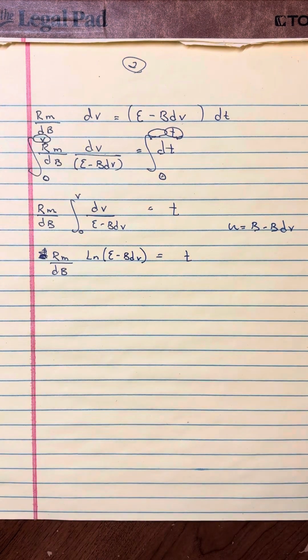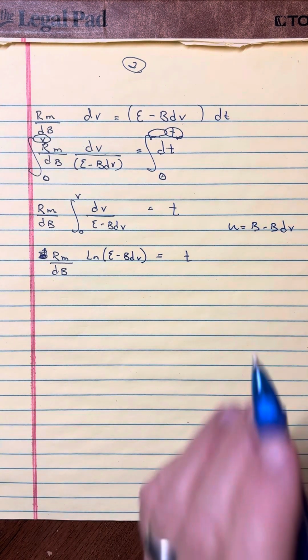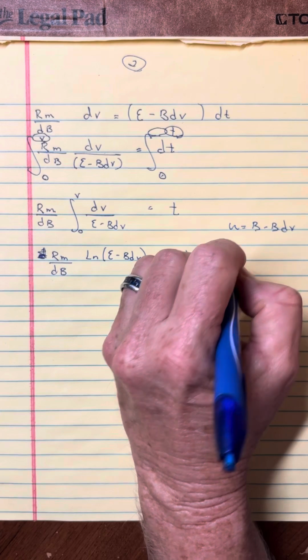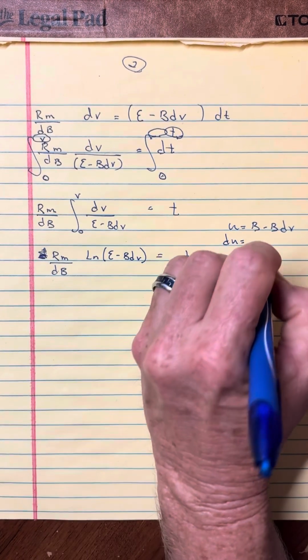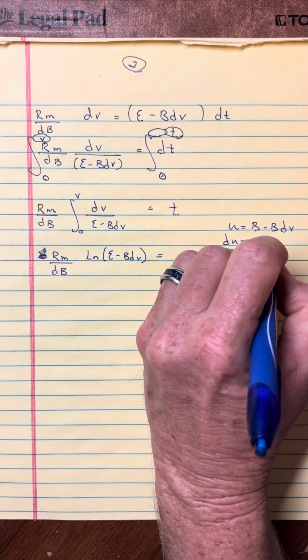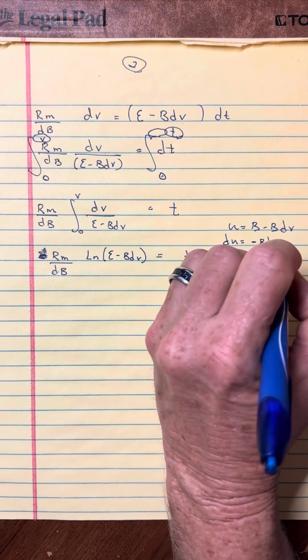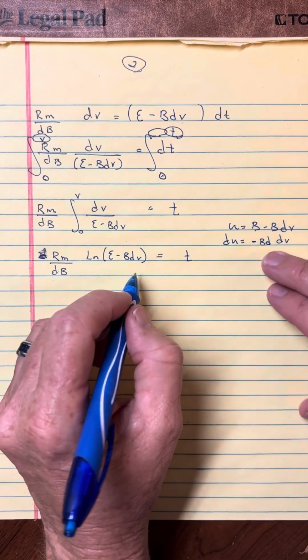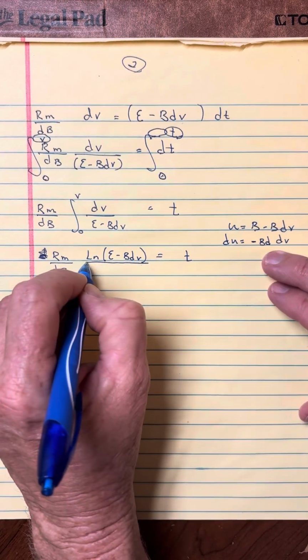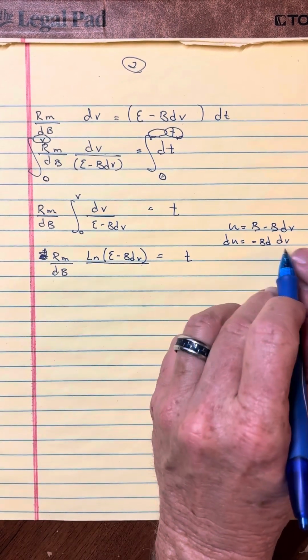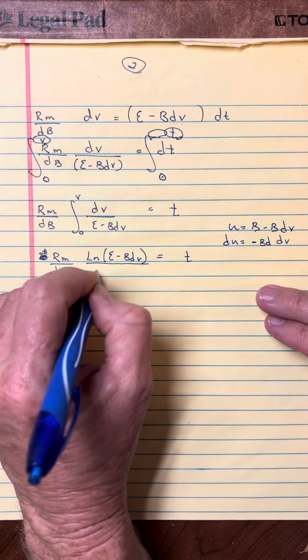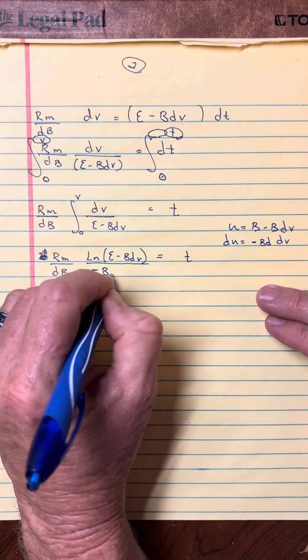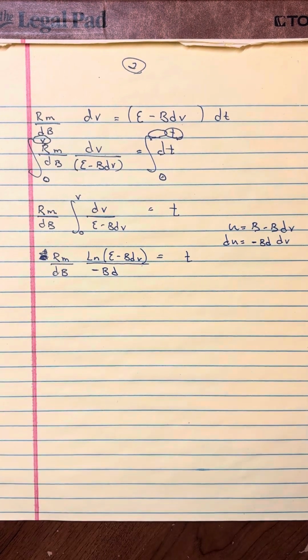So we know this is going to come out to be a natural log, but when you do that, du equals minus BD dv. And so because of that, we would expect getting rid of the dv to a du to have a minus BD involved.